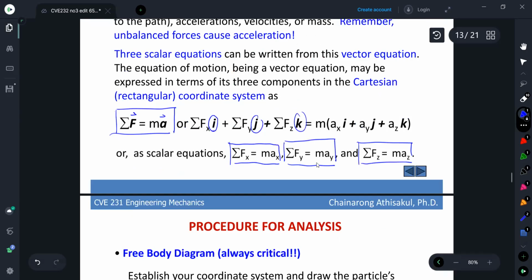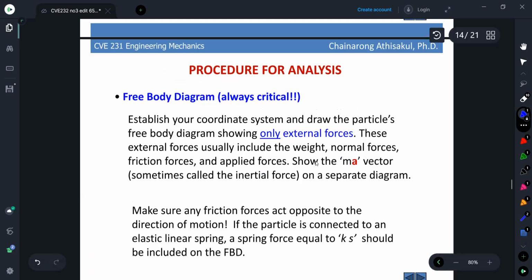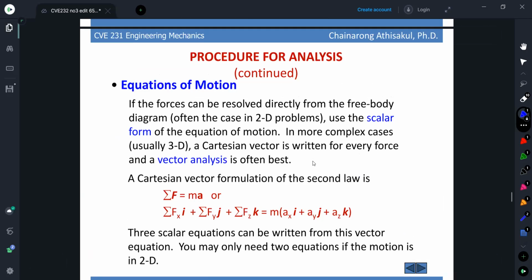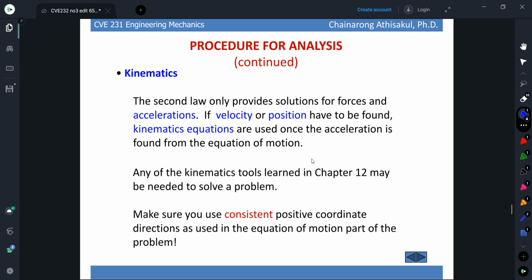We draw the free body diagram to show all forces, and we also form the equation of motion, which may be written in vector form or in the scalar equations, the three equations mentioned before, to provide the direction of velocity and acceleration.